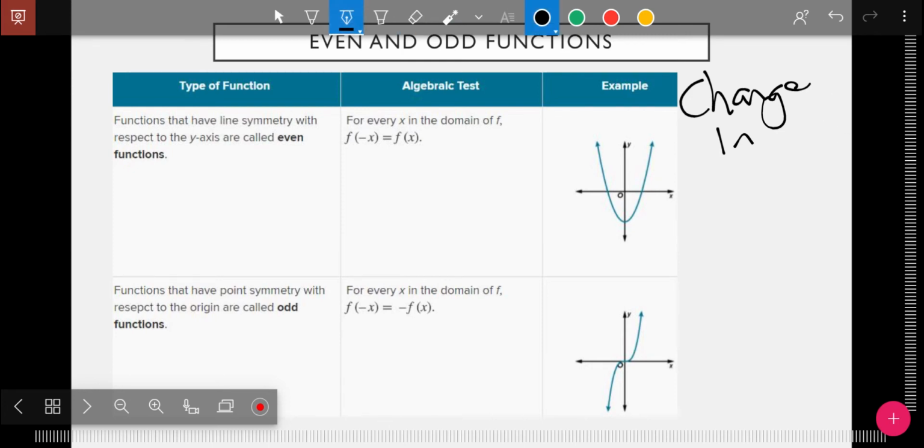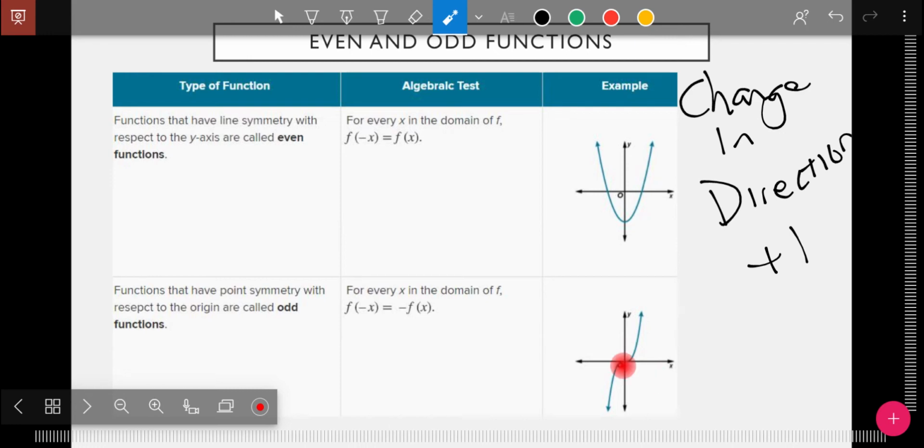For the changes in direction, I always add one. This graph goes down and then back up, so it's got one change in direction. I always add one, so 1 plus 1 is 2. That means it's probably got a degree of 2, which is an even number, so it's an even function. So you can know it by line symmetry, or you can count the changes in direction and add one.